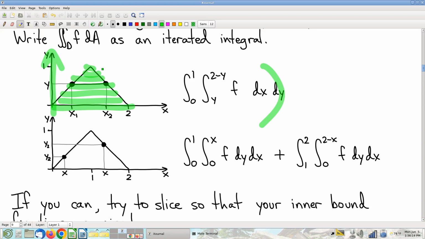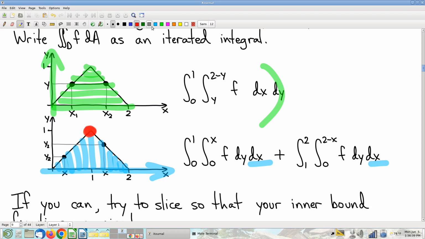I'm going to say everything's fine there, and just for the purposes of contrast, now let's look as I do my x slicing on the outside. What do my slices look like? They look like this. And the bad news, the bad thing that happened that you can see in this slicing process, is that I sliced through a corner.